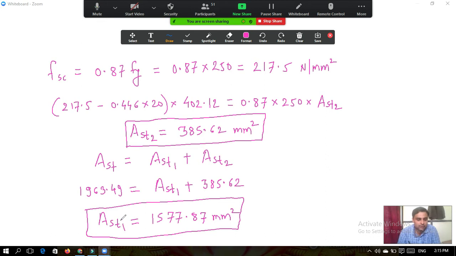So we will calculate the value of XU now. To calculate XU, we equate Cu1 is equal to Tu1. In the Cu1 and Tu1 equation, AST1 comes. First of all, we have calculated the value of AST1, so from that equation we will get the value of XU.